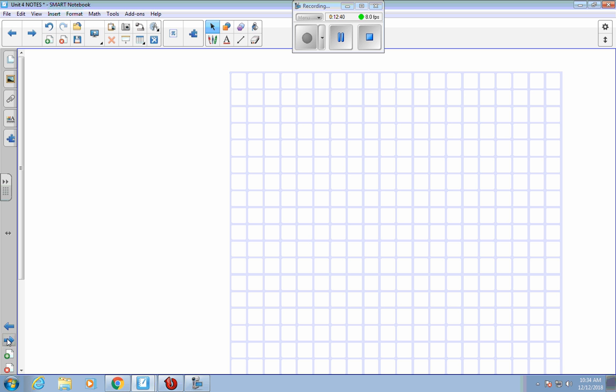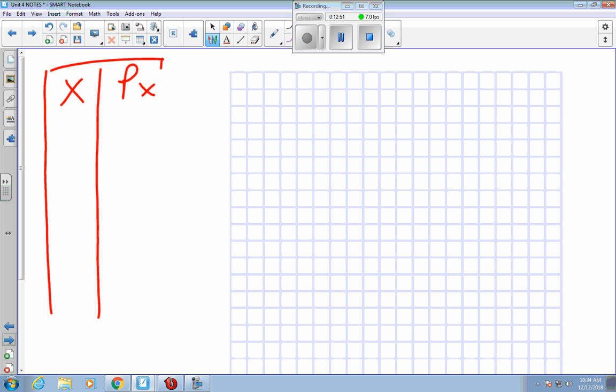Okay, so with the table, if you want to have it as x, p of x like this, that's all right as well. I don't know what's going to be the easiest for you guys to copy down. So either one, it doesn't matter.